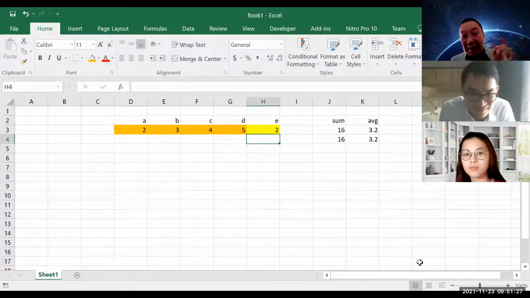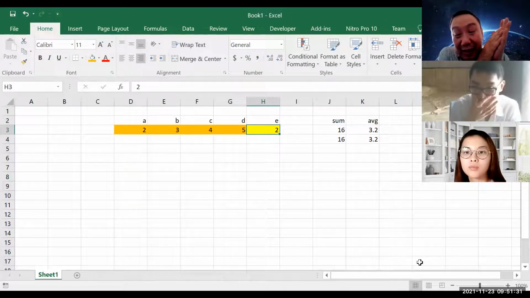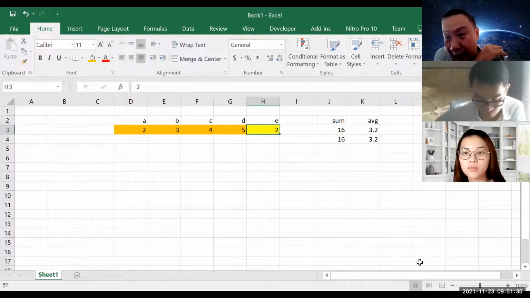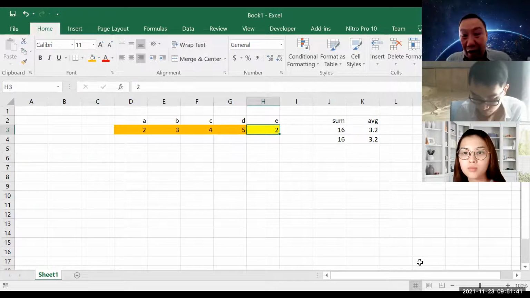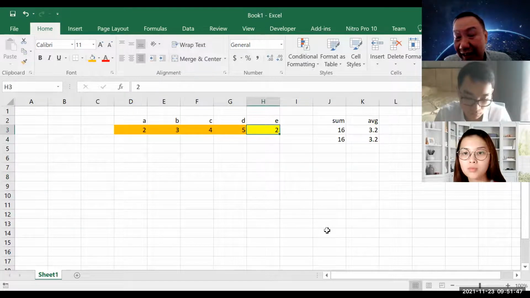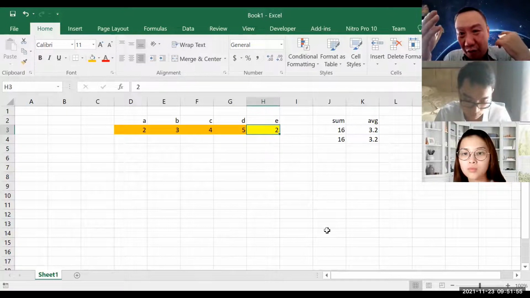So this is what I want to get into, why I ask this. Given the statistics, do you know what the statistics are here? The sum, the average, right? Given the statistics, now you have missing data. How many missing data can you recover given the statistics?